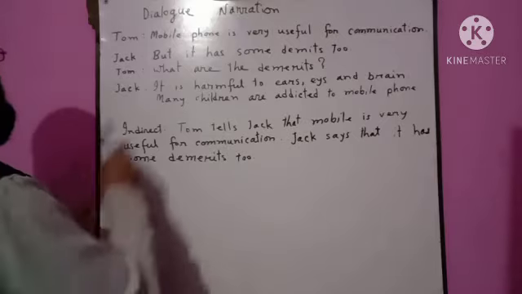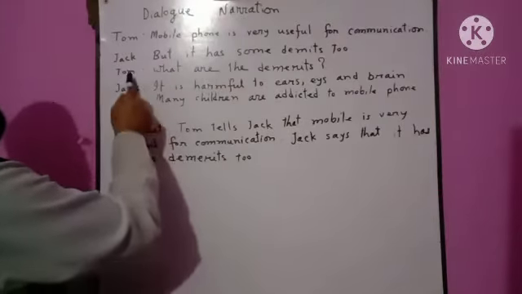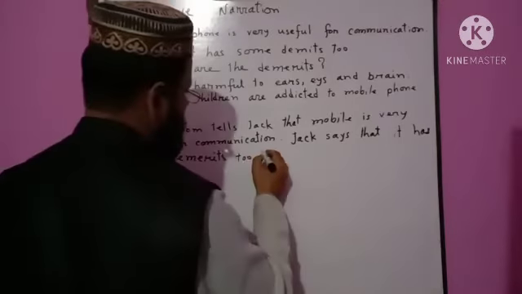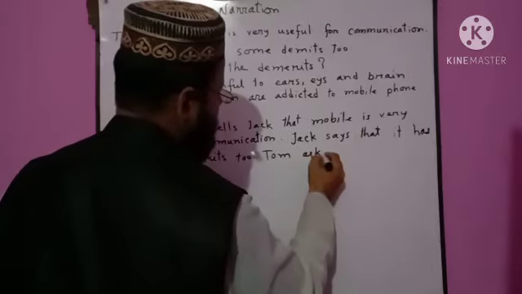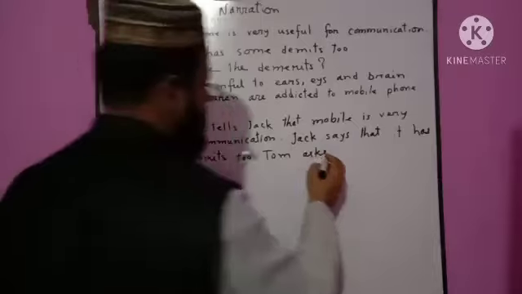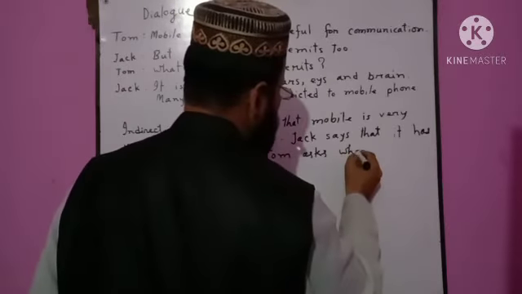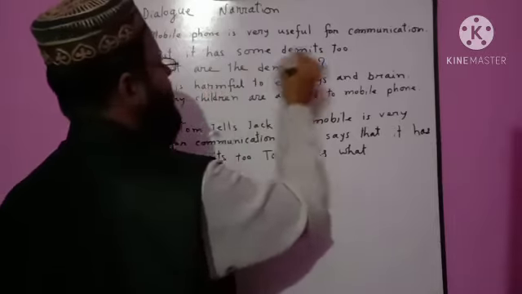The third sentence, what are the demerits? This is a question and the speaker is Tom. Tom asks, what are the demerits? For what, no conjunction. The demerits will be subject and are will be object.